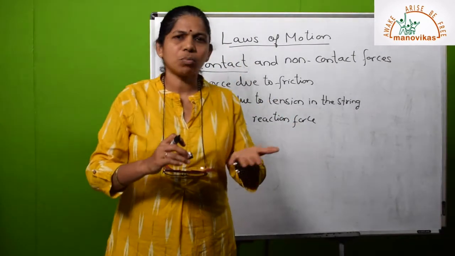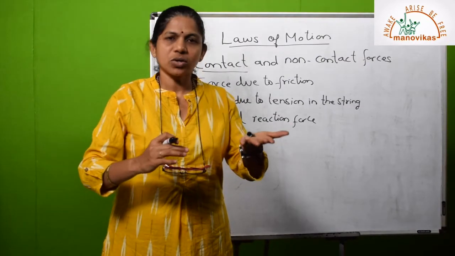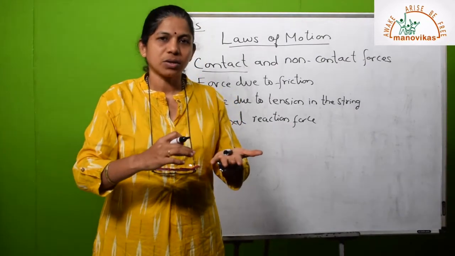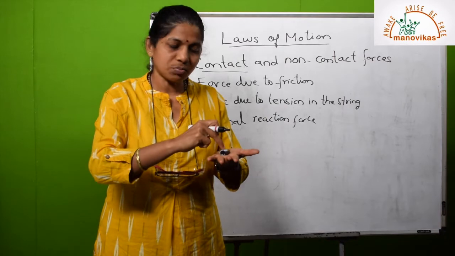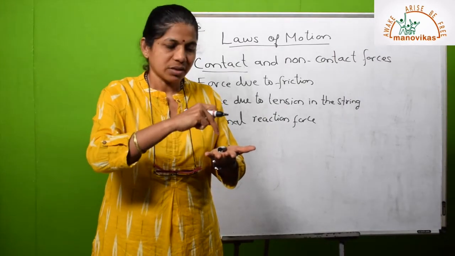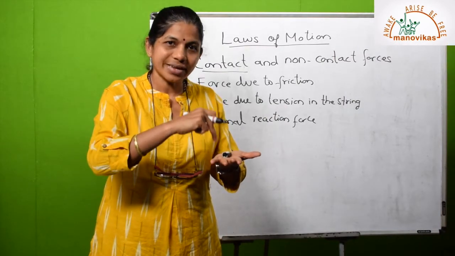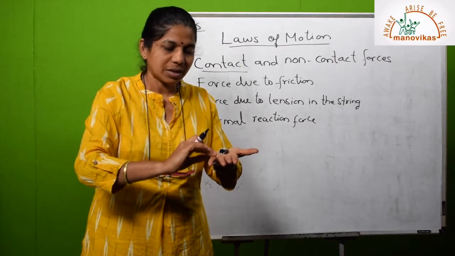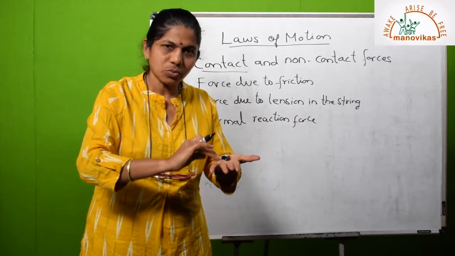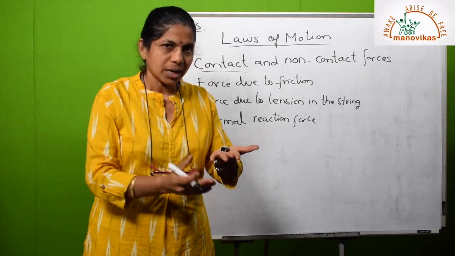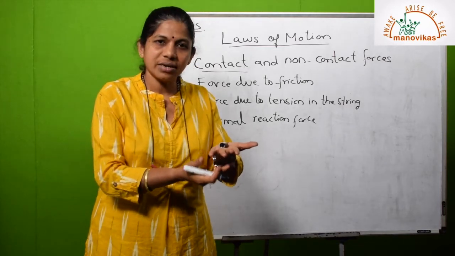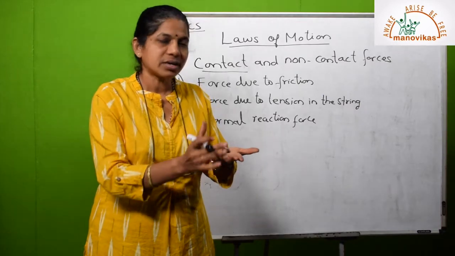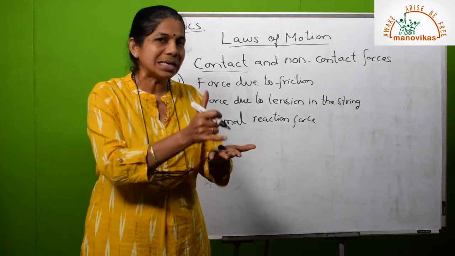Now suppose on your palm you have something placed. Due to the weight of that object which is on your palm, there will be a downward force exerted on the palm which will try to slightly take your palm in the downward direction. But in order to balance its weight, the palm will exert a normal force which is in the upward direction.